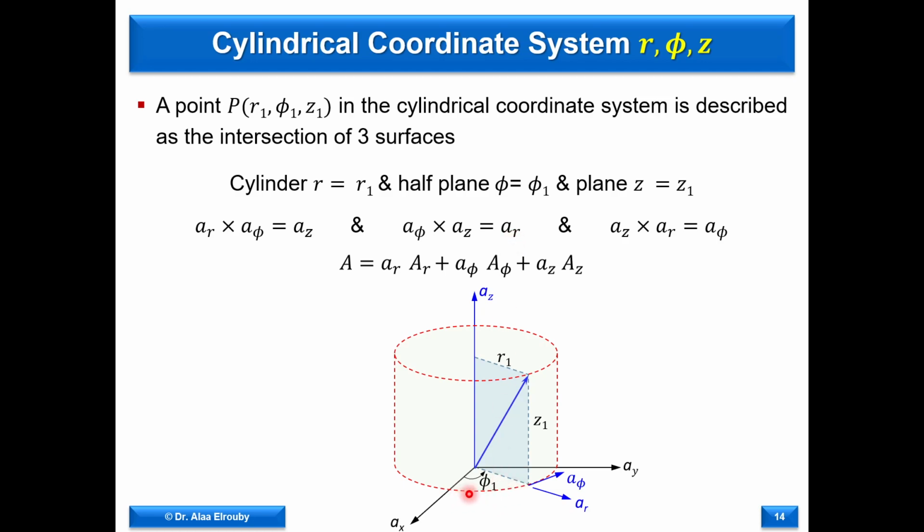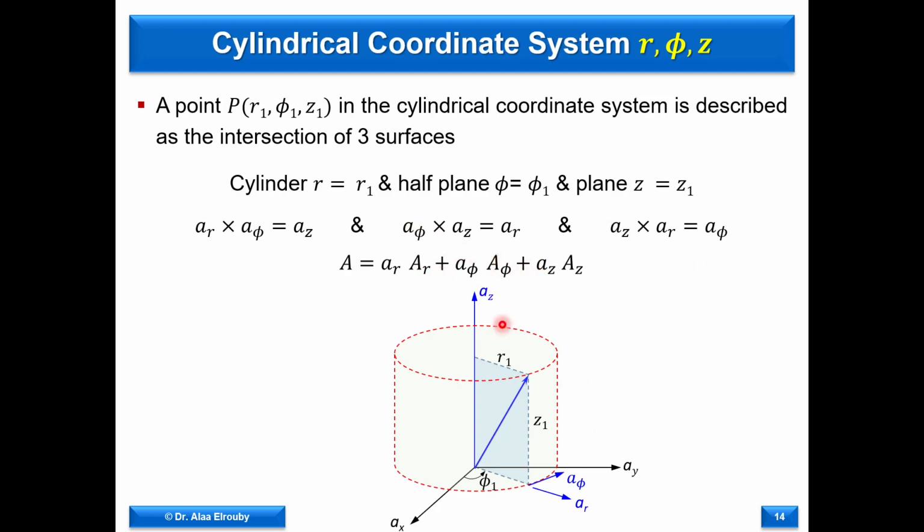At this point here, aR would go from the origin to this point, or at another point it would be in a different direction. So aR is a unit vector, but it is not of constant direction. Its direction changes from one point to the other.